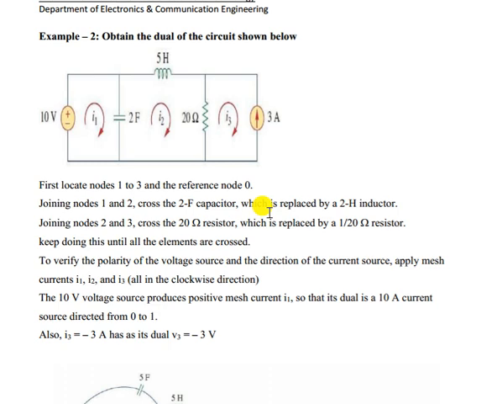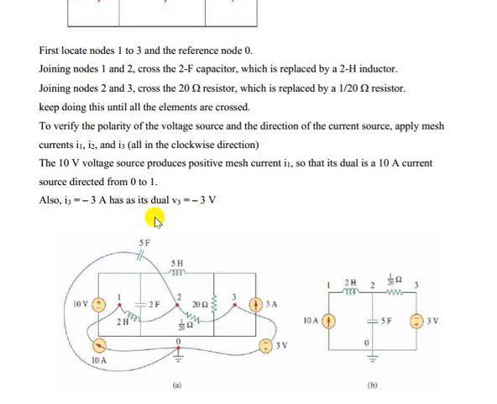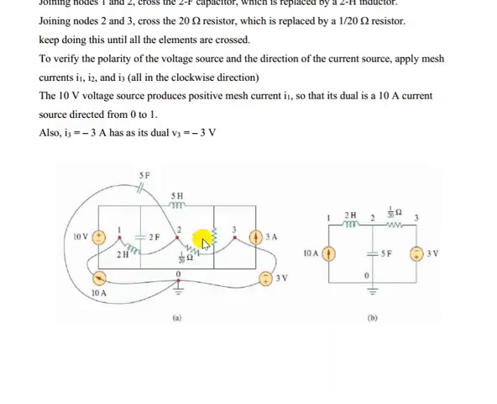Now let us take another example. Here we have three meshes, so we must have three nodes and one reference node: 1, 2, 3, 0. Now here we have only one voltage source, so that will convert into a current source. So between 0 and 1, instead of a voltage source we will have a current source.